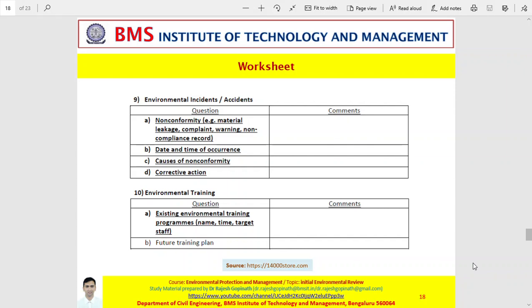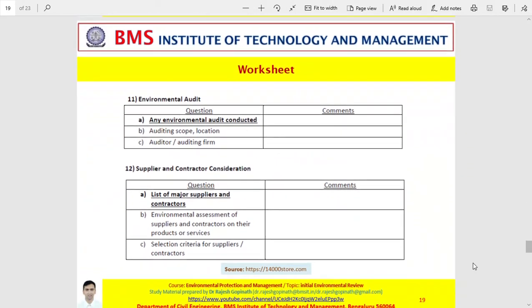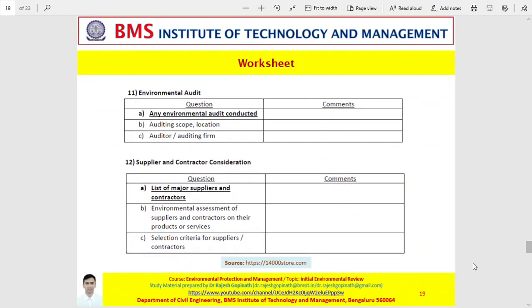Now let us move on to the next slide, slide 19, which showcases part 11 and 12. Part 11 deals with environmental audit. So the documentation here deals with if any environmental audit has been conducted, and if so, all the details with respect to that have to be mentioned.